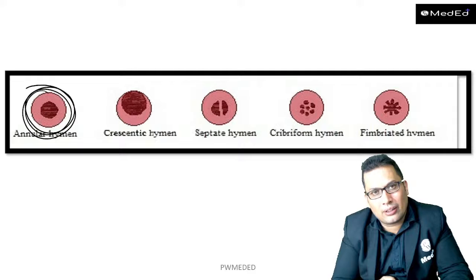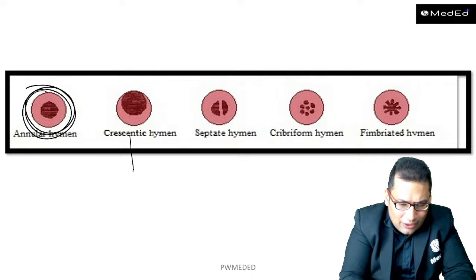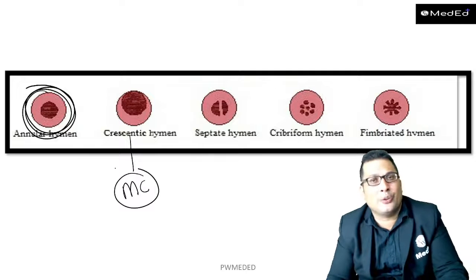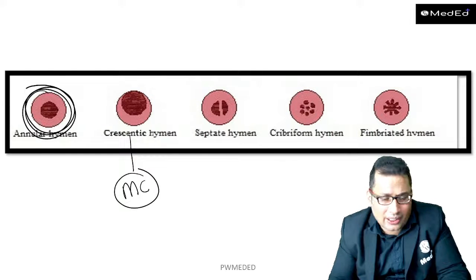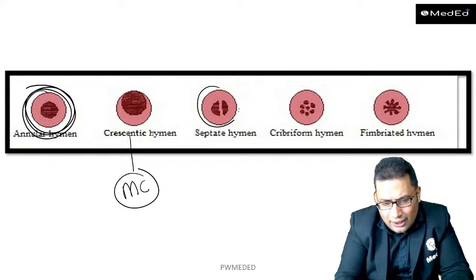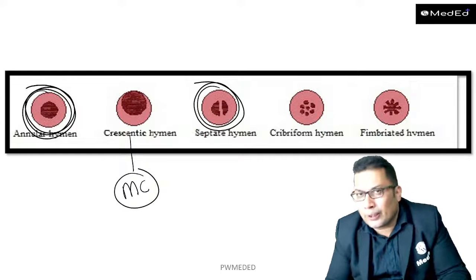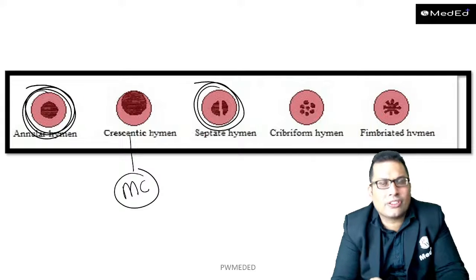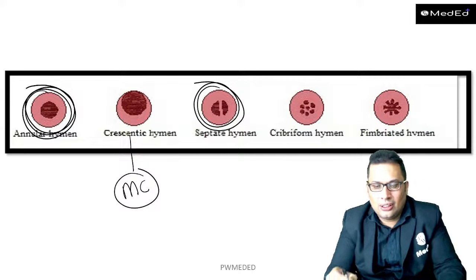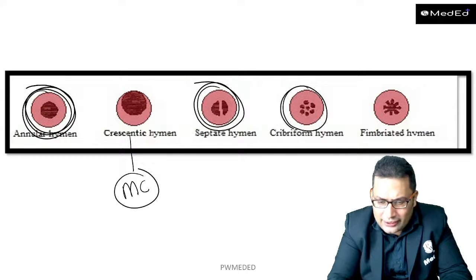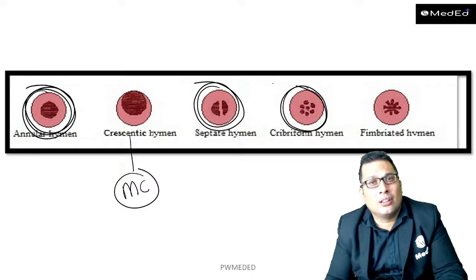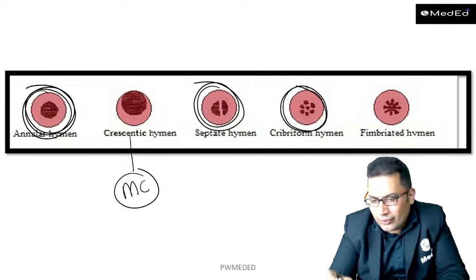Crescentic hymen is the most common hymen, where the hymen is situated anteriorly or posteriorly. Septate hymen, a repeat question asked in your exam, has 2 openings. When you see 2 openings, that is known as septate hymen.